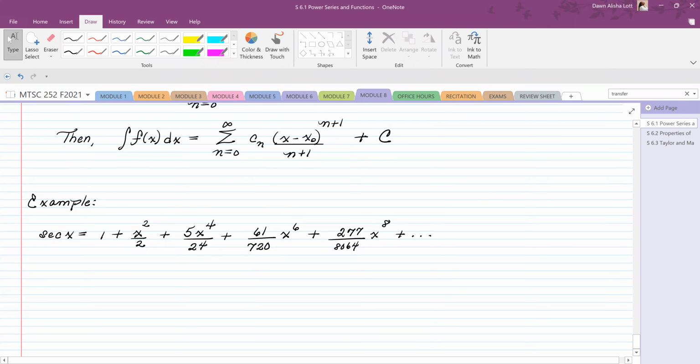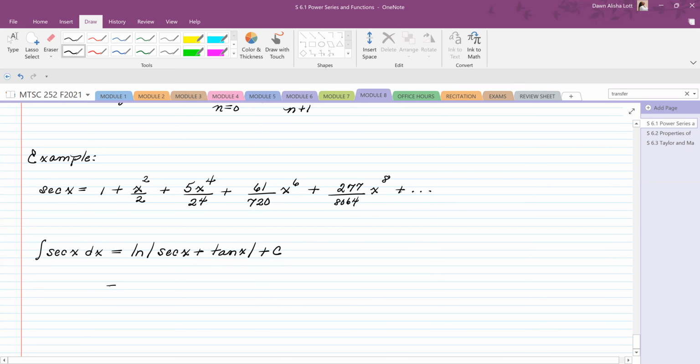Then the integral of the secant of x, so I can find that, the integral of the secant of x dx, which we know is the natural log of the absolute value of the secant of x plus the tangent of x plus c, says just integrate this. So 1 goes to x.